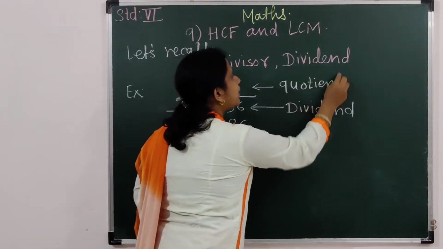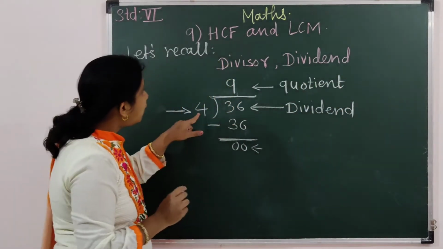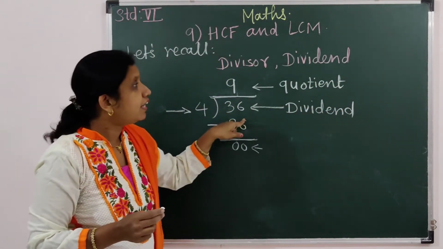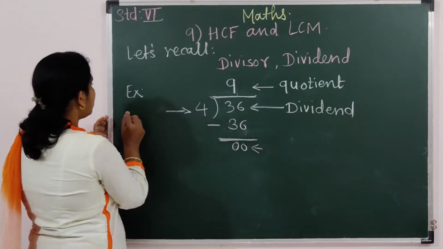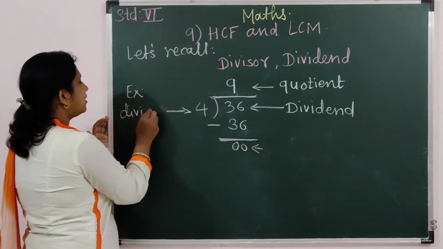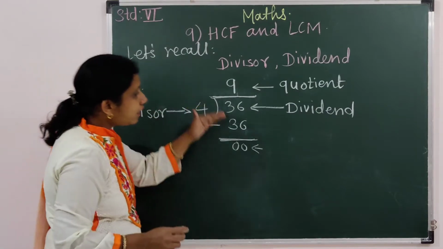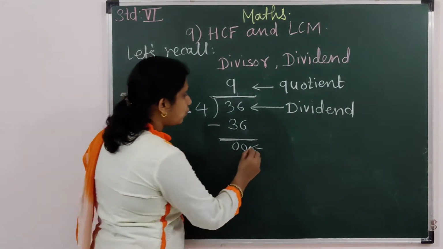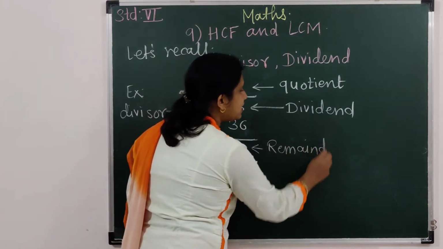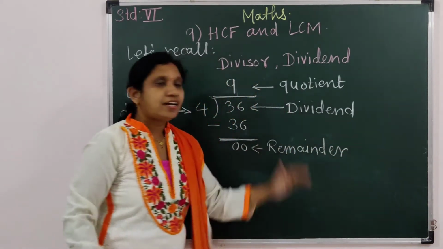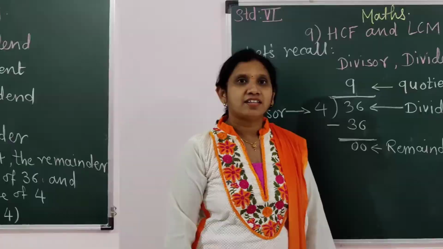By which number we are dividing to the dividend is known as a divisor. So let's write here divisor. And whatever is left out is known as remainder, or whatever remains is known as remainder. Children, do you all understand this?